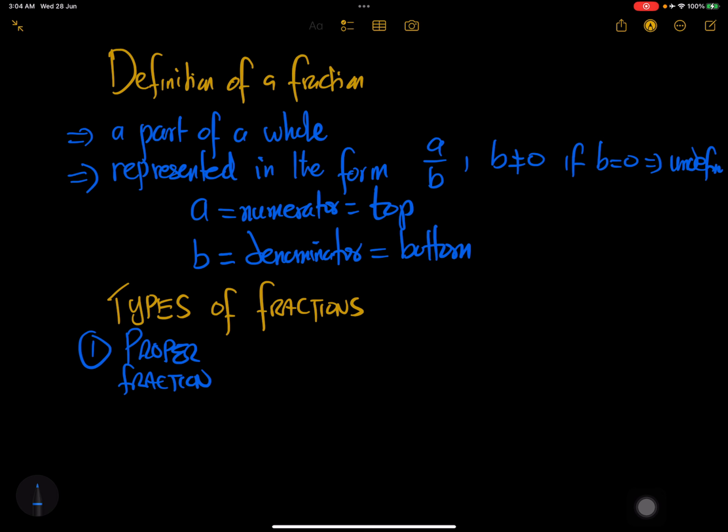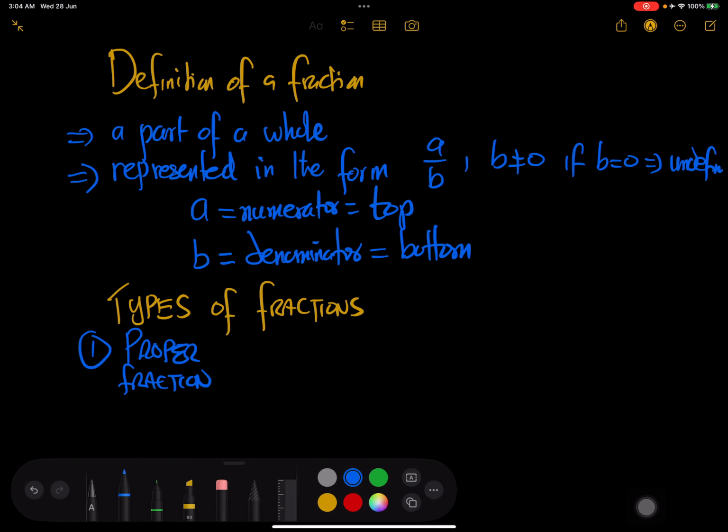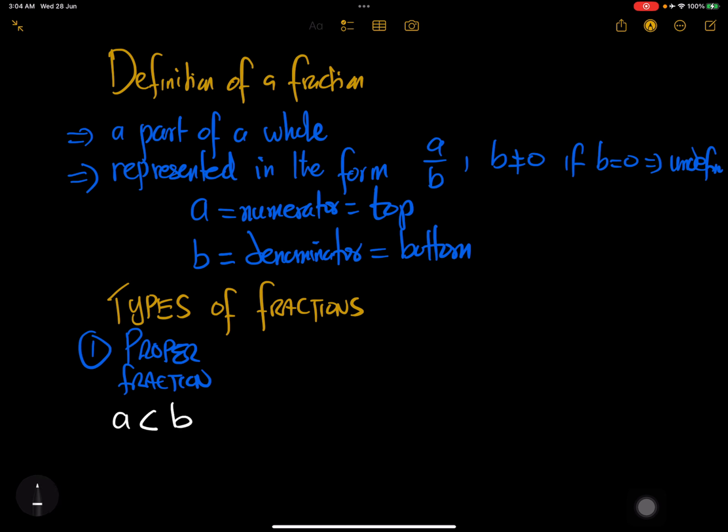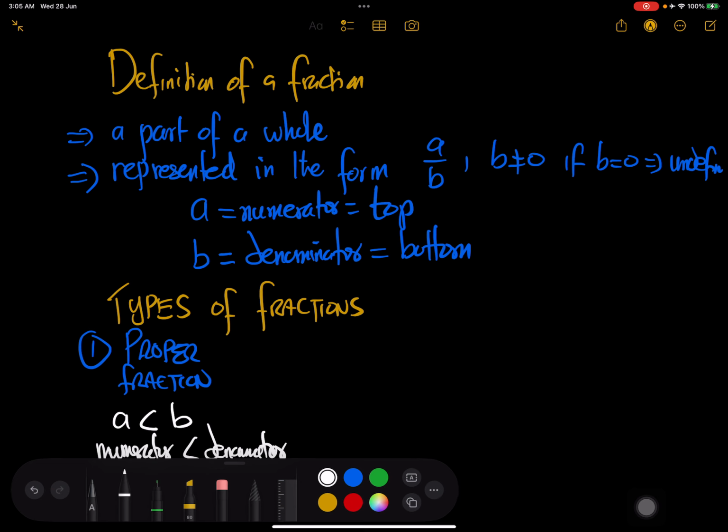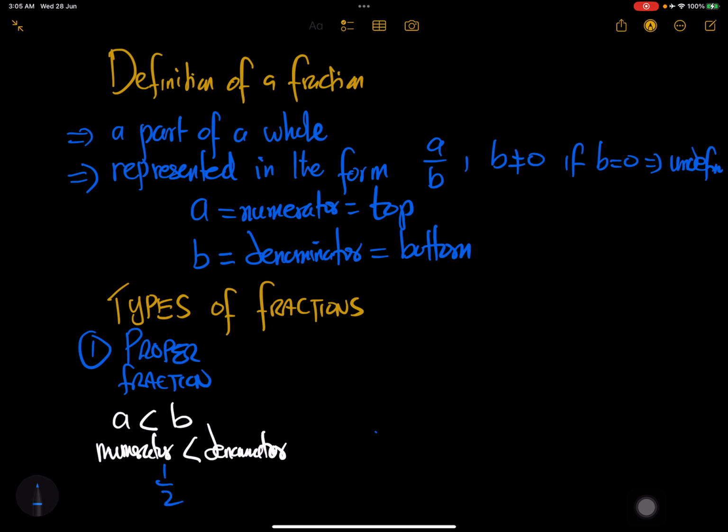The A is less than the B. So the numerator is less than the denominator. An example of that is maybe 1 over 2, or 4 over 7, or let's say 9 over 13. Those are examples of a proper fraction.